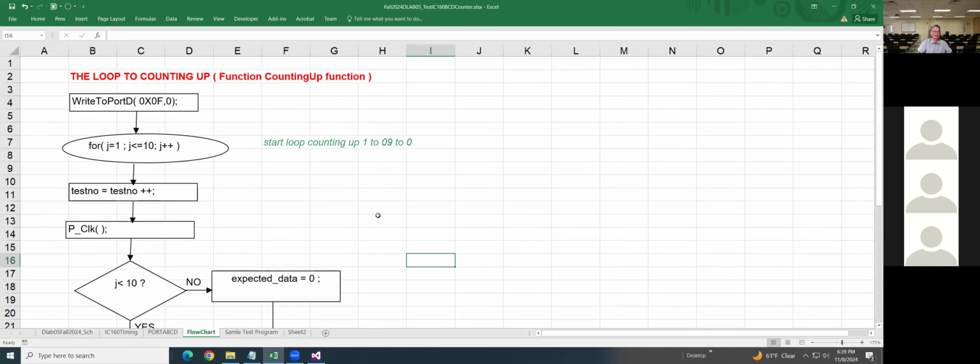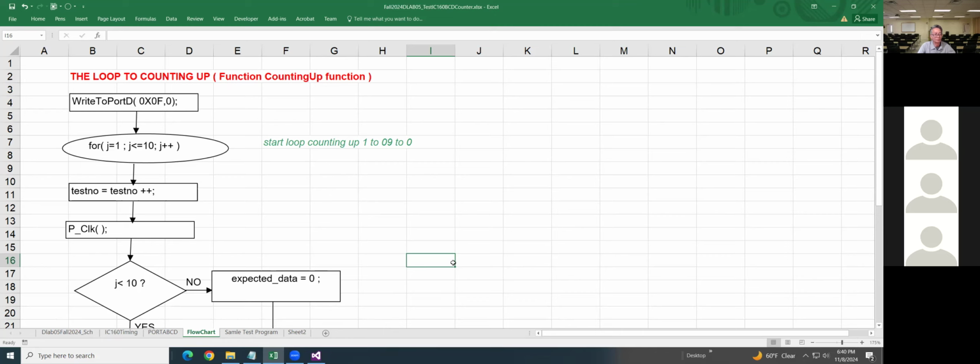If you want to counting up, then how many tests will be? 9. First thing they count 0. 1. No, count to 1. Yeah. Okay. 2, 3, 4, 5, 6, 7, 8, 9. After 9, 0. Ah, okay.